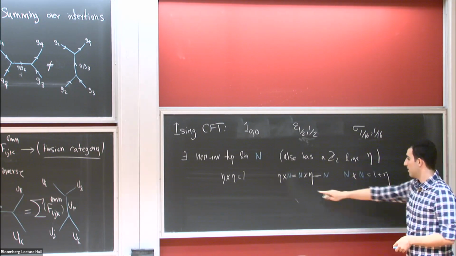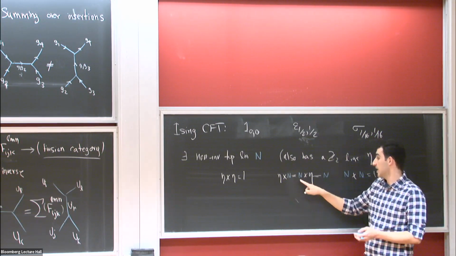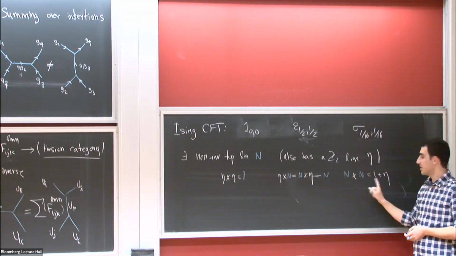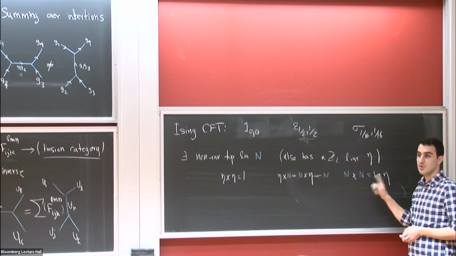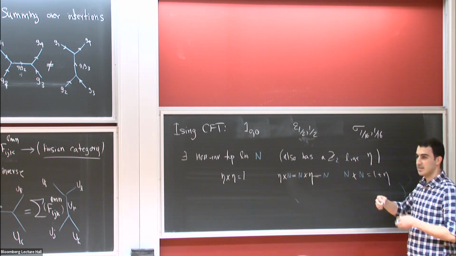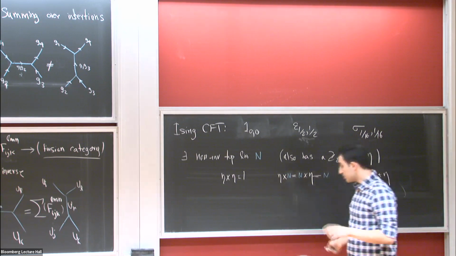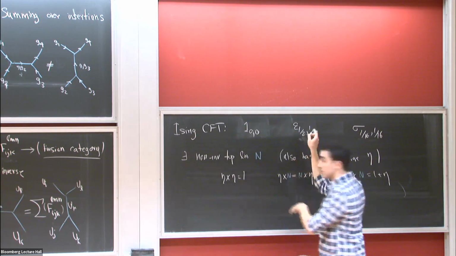So eta times N equals N times eta equals N, but N times N is 1 plus eta. So it's clear that this is non-invertible, you cannot cancel it, and N is the same as its orientation reversal, so it's self-dual. Okay, and this is the same fusion rule as Ising.